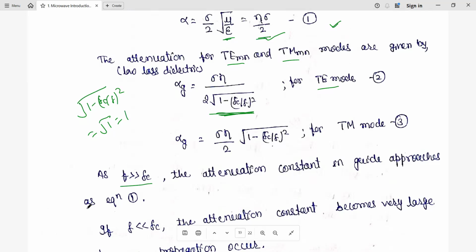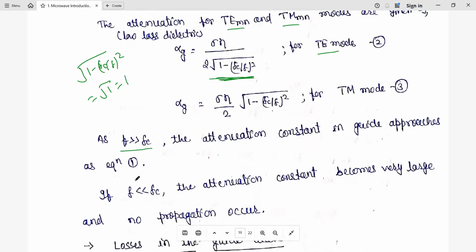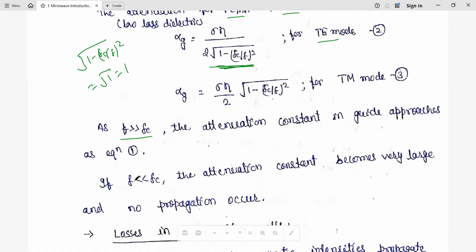But when f is much smaller than fc, what will happen in this situation? The second term inside that square root we can't ignore, since f is much smaller than fc. So it is going to be subtracted from 1.